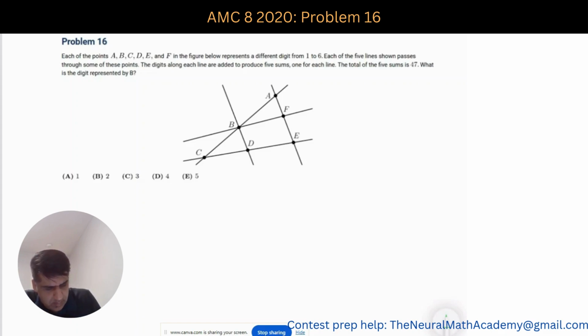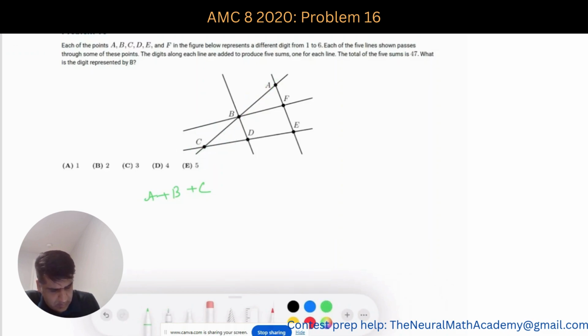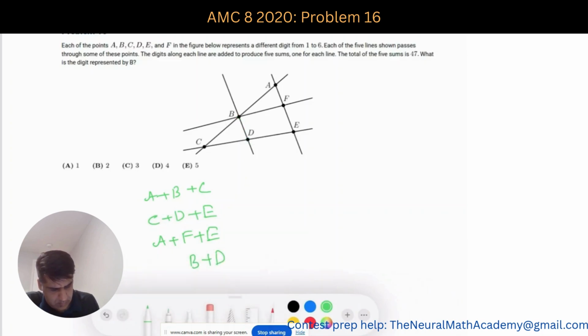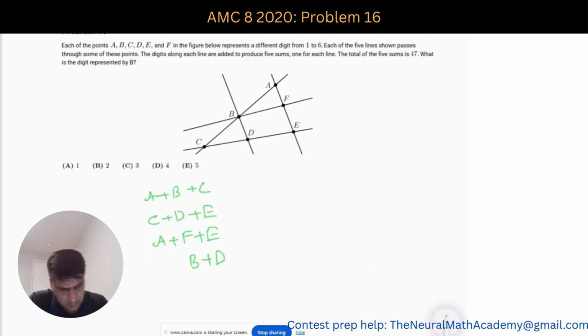So if I make all of them, I get A plus B plus C. Then I can get another, that is C plus D plus E. And then similarly I can get another line, that is A plus F plus E. Similarly I will get another line, that is B plus D. And I can get another line, that is B plus F.